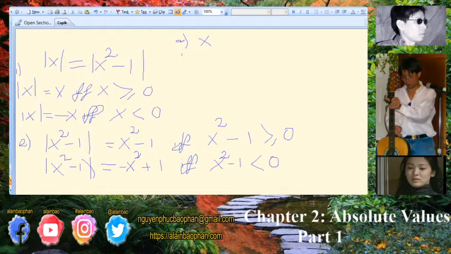If we use this absolute x equal x and we combine with the first one, absolute of x square minus 1 equal x square minus 1, then we will have the first equation.